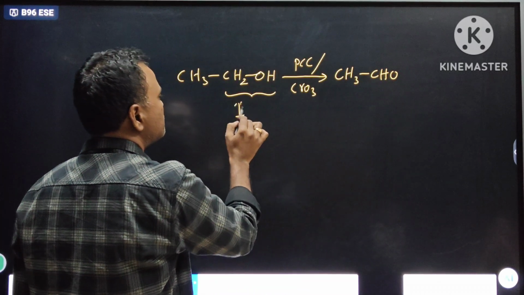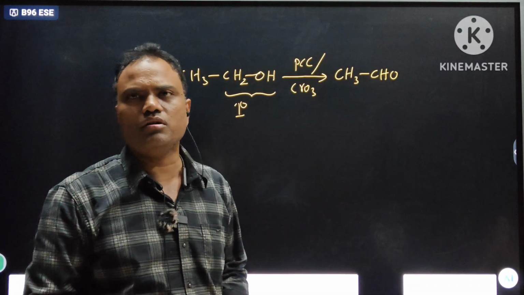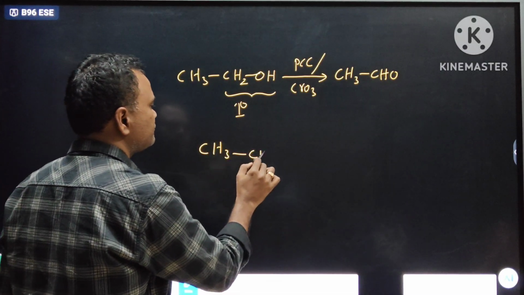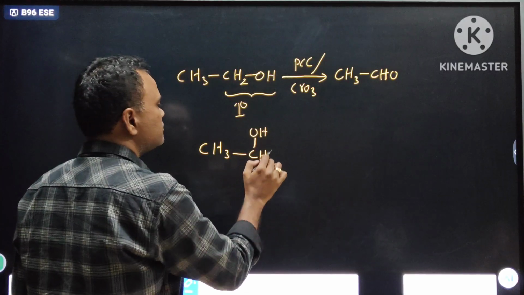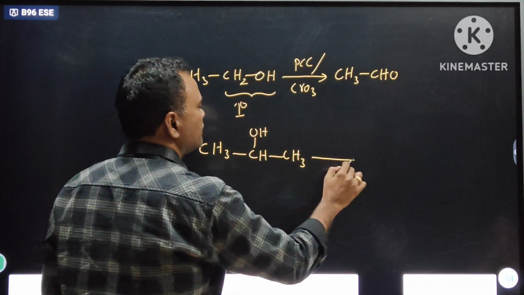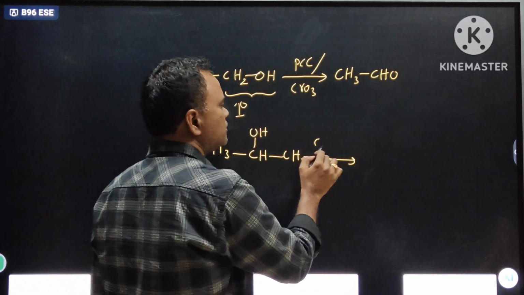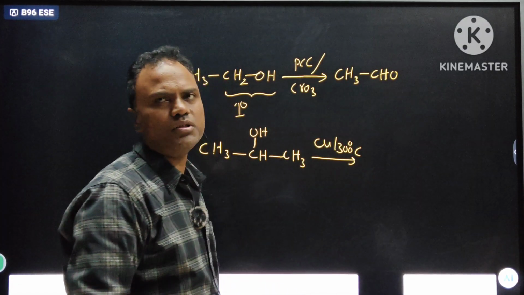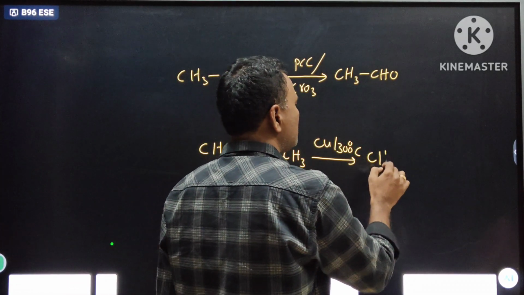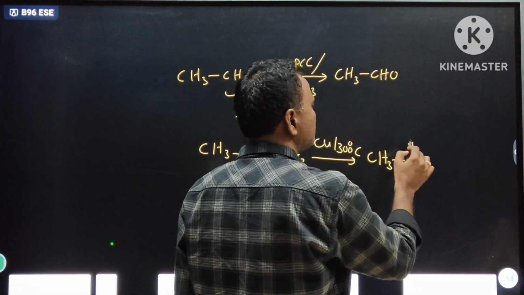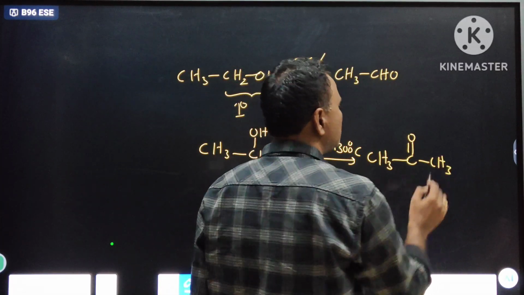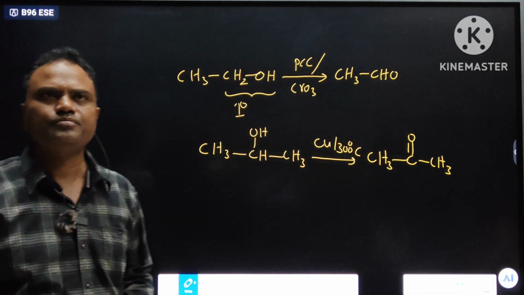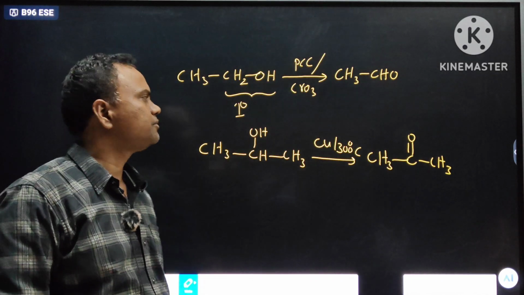Primary alcohol gives aldehyde. If I take secondary alcohol, it gives ketone. What are the mild oxidizing agents? Copper at 300 degrees centigrade, here you will get a ketone. The mechanism, everything was explained already.